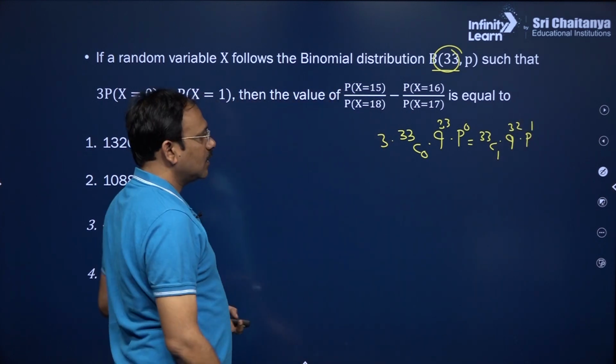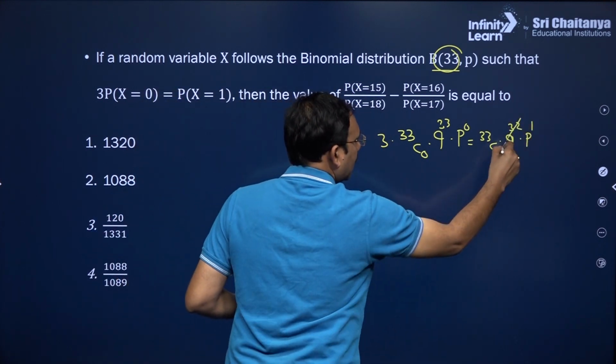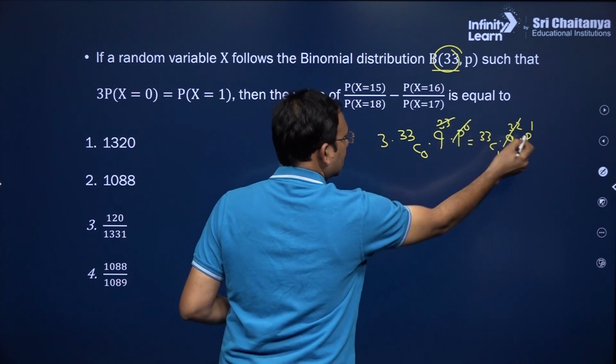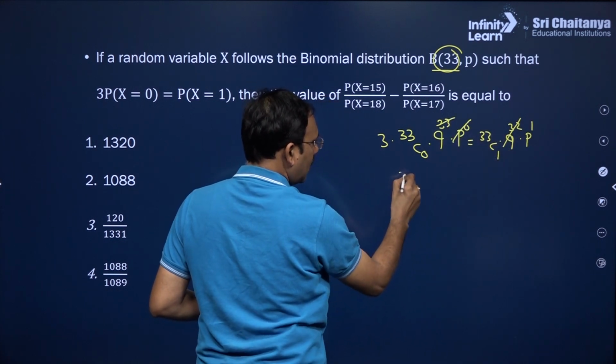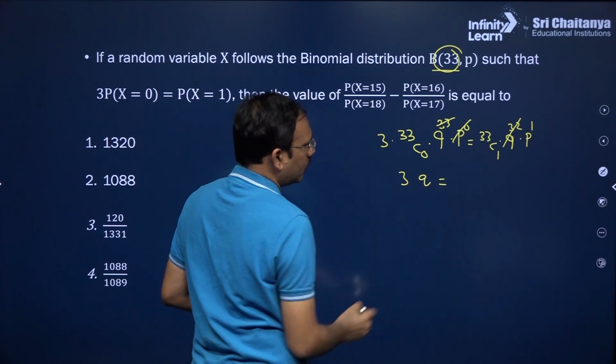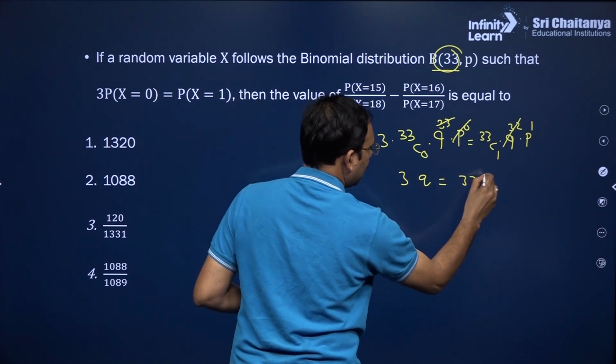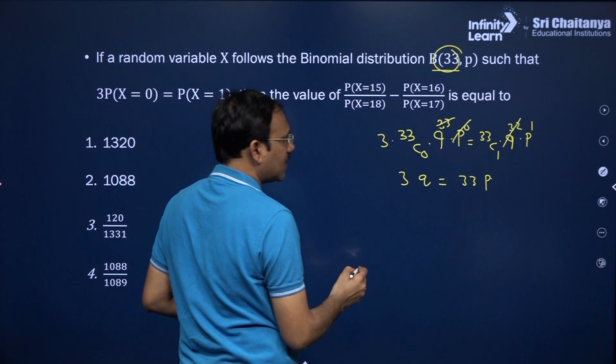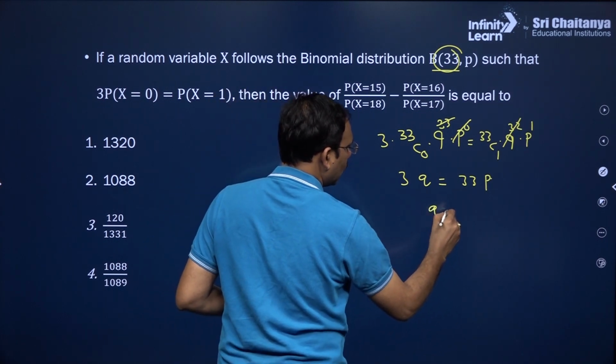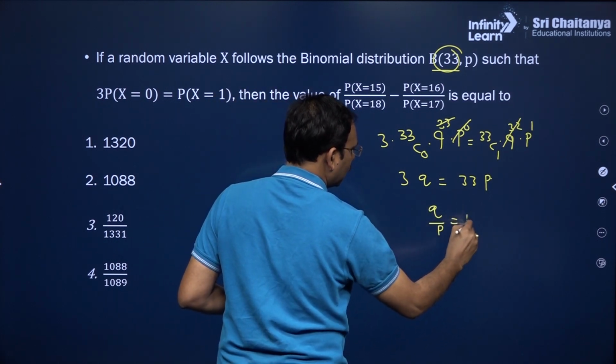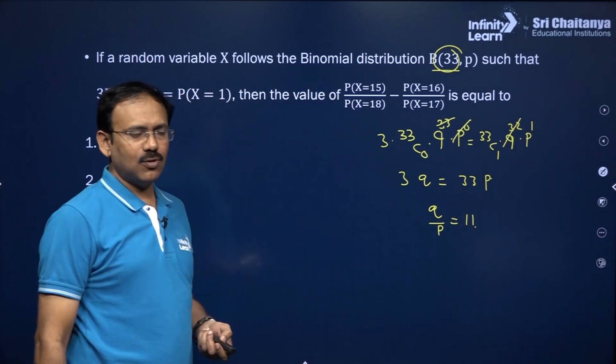So this becomes q here, this becomes p here. This is 3q equal to 33p. So you can say q by p is equal to 11.